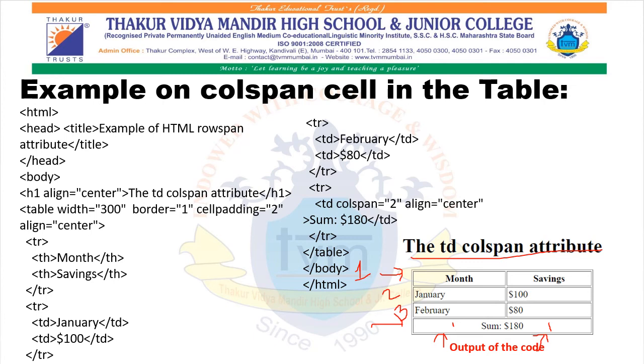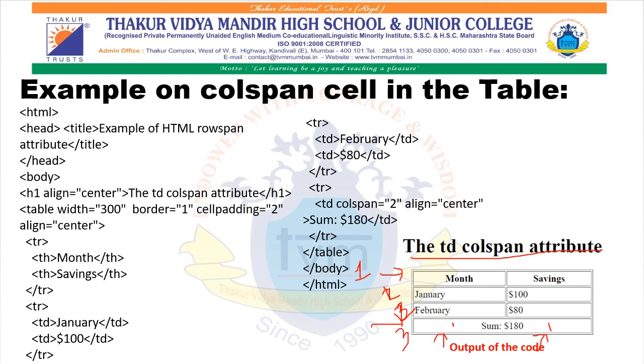So what I am doing here is merging the cells. In the last row I am merging cell 1 and cell 2 to make it one and writing the total of the savings column. So here my total is $180, which I have written here.